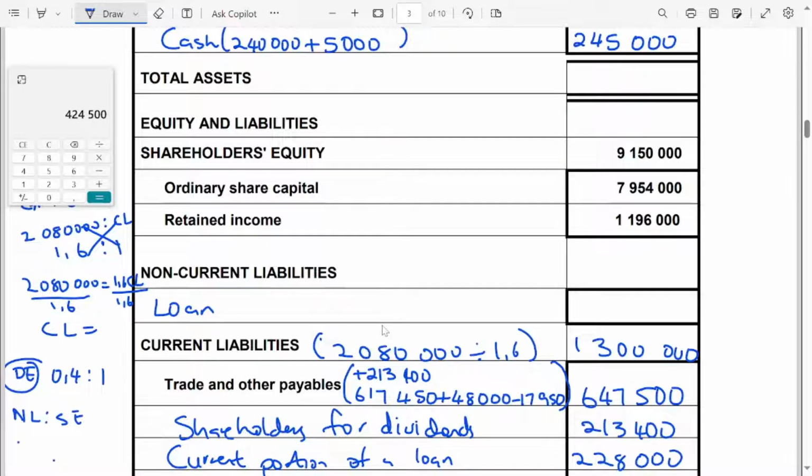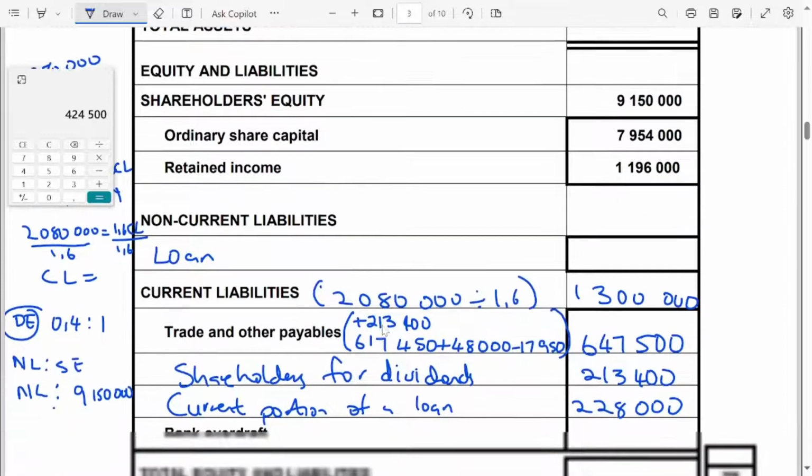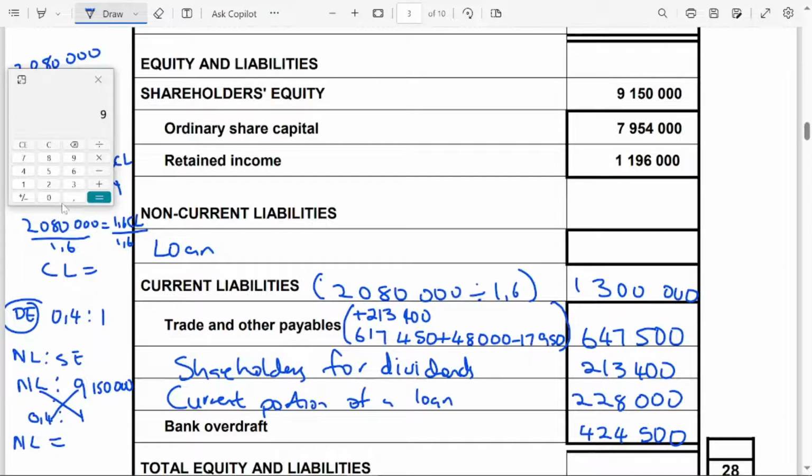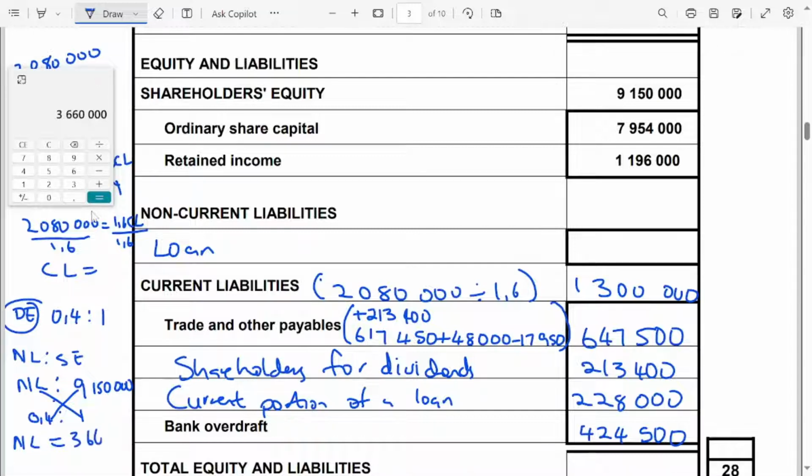We don't have non-current liabilities, and the ratio here is 0.4 is to 1. So we just have to cross multiply. Non-current liabilities times 1 is going to be non-current liabilities. So 9,150,000 multiplied by 0.4 is going to be 3,660,000. So now we have our non-current liabilities, 3,660,000.